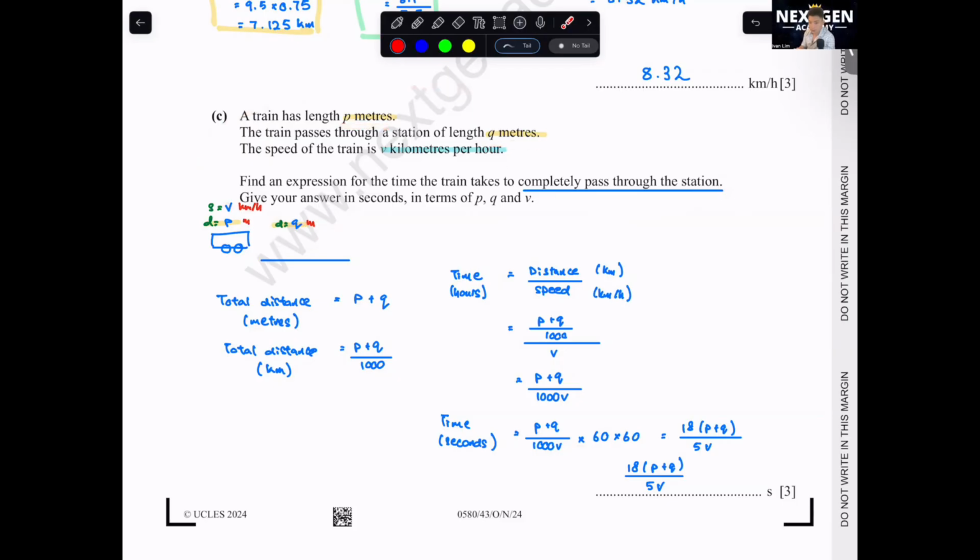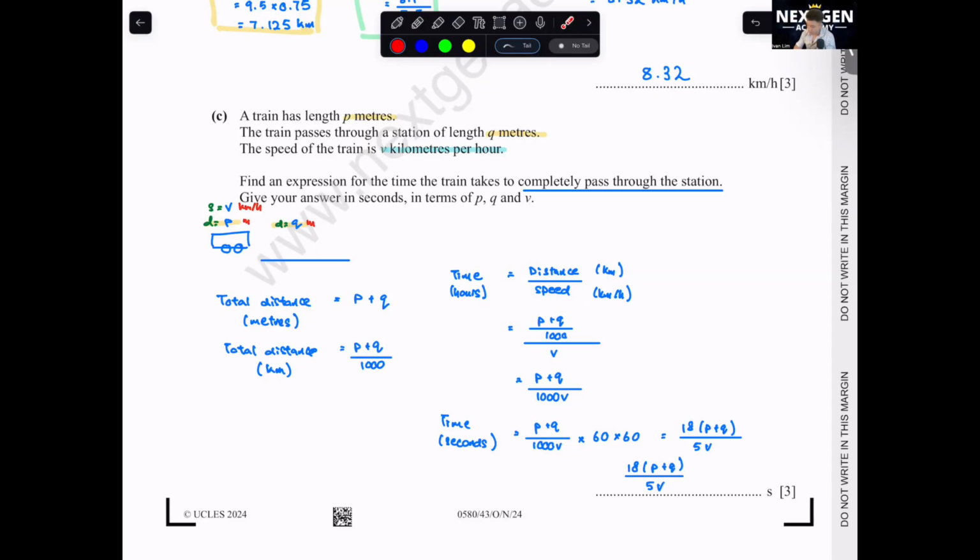This one is an expression. Is it okay if you put 18 over 5, P plus Q, V? P plus Q is on top. Your V, top or bottom? V needs to be at the bottom. No, wrong already, because V is at the bottom.